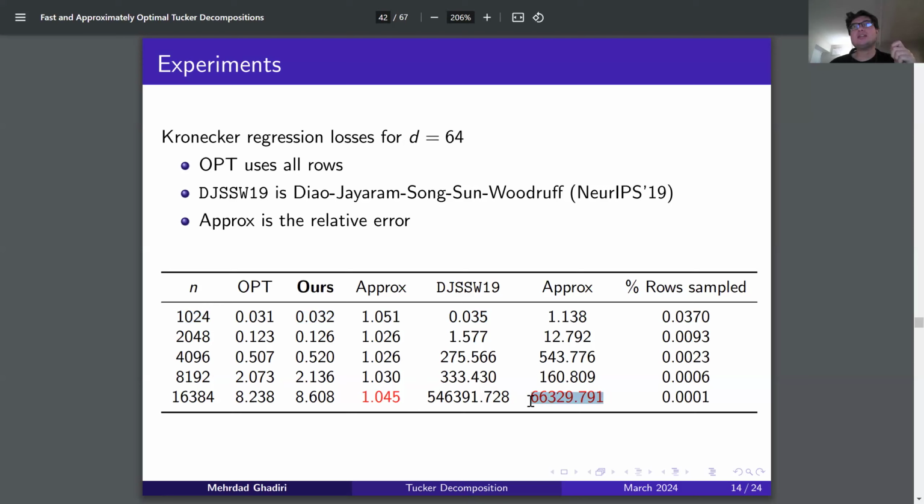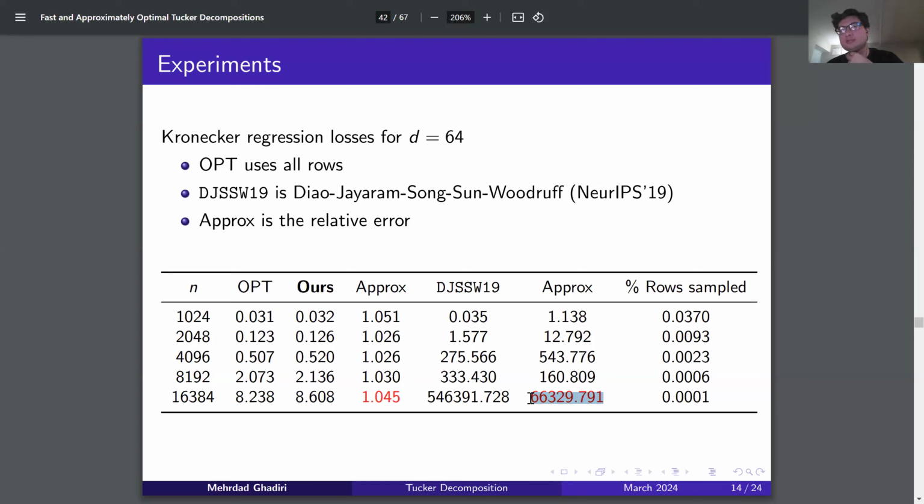You expect the relative error to be something close to 1, because if it's not, just outputting the vector of 0 would give you a relative error of 2 or something like that. But yeah, this is very unstable. That's the takeaway from this.